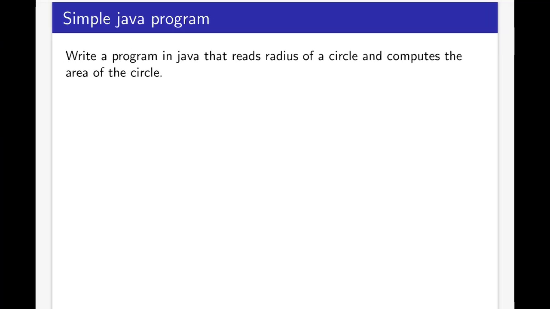So now we'll write another program that reads the radius of a circle and computes the area of the circle. From the radius we want to compute the area. We know that the formula for area is pi r square, or we can write the value of pi as 22/7 into r into r.